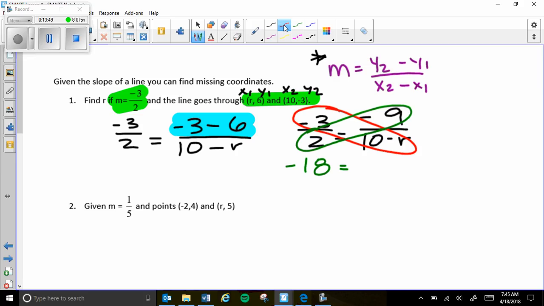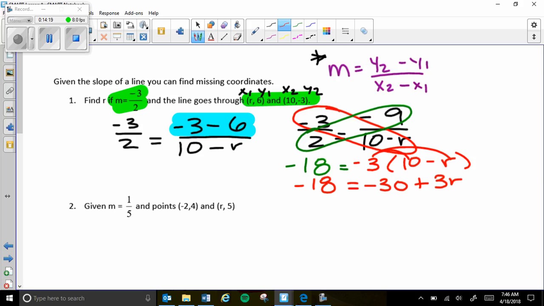So if the 3 is negative, that's where it stays. You can't make the 3 and the 2 negative. So in this case, the 3 is negative, so I have -3 times 10 minus r. The next thing I do is distribute. So -30, -3 times a negative r. Negative times a negative is a positive 3r.